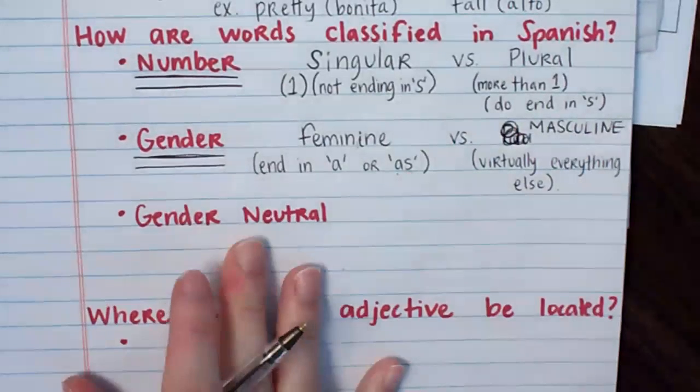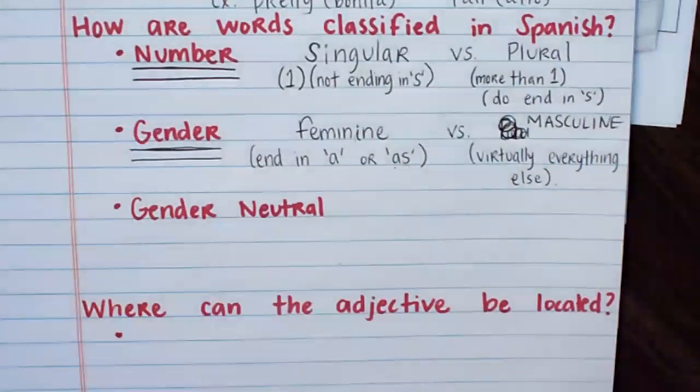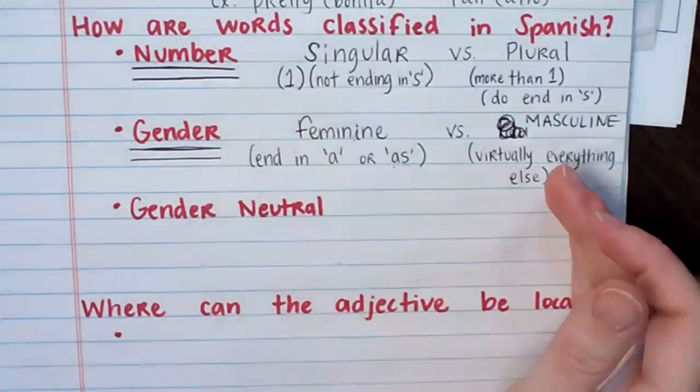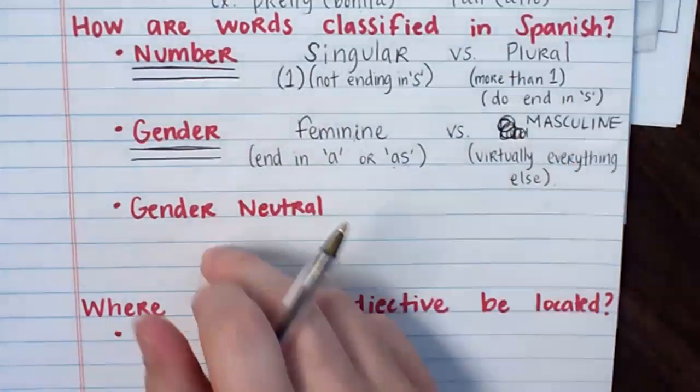So now there are a few adjectives in Spanish that are gender neutral. So I'll pull these up for you. Because gender is determined by the spelling of a word in Spanish, there are certain words and certain spellings that don't classify as feminine or masculine. They're gender neutral. So you don't have to change these for boys or for girls.